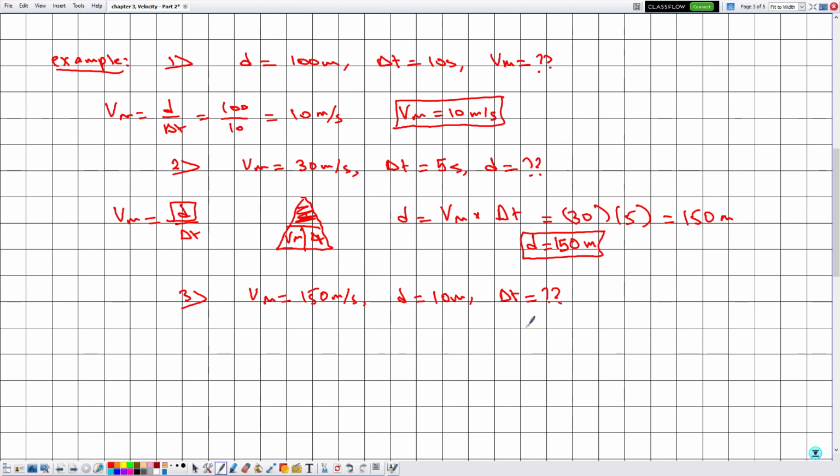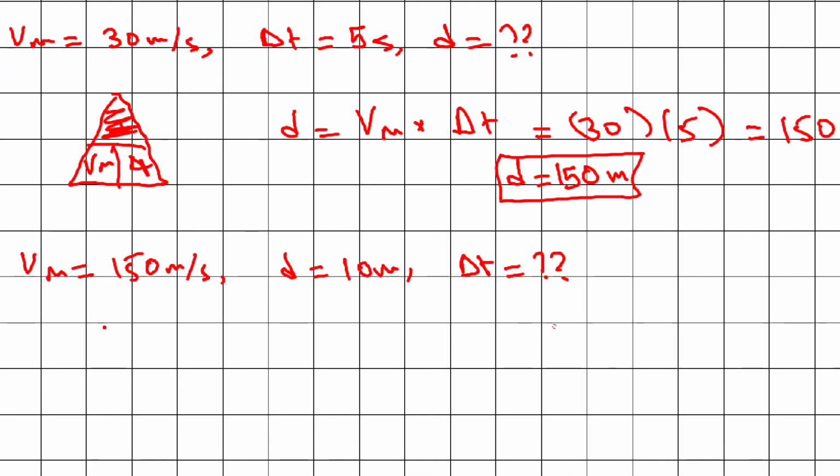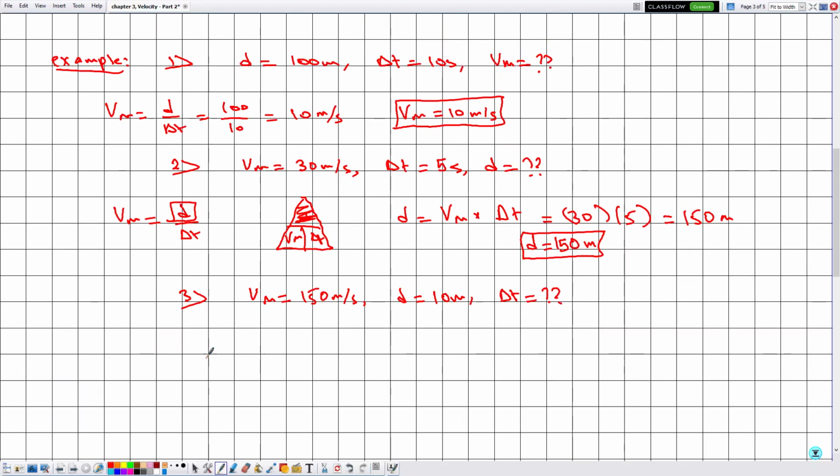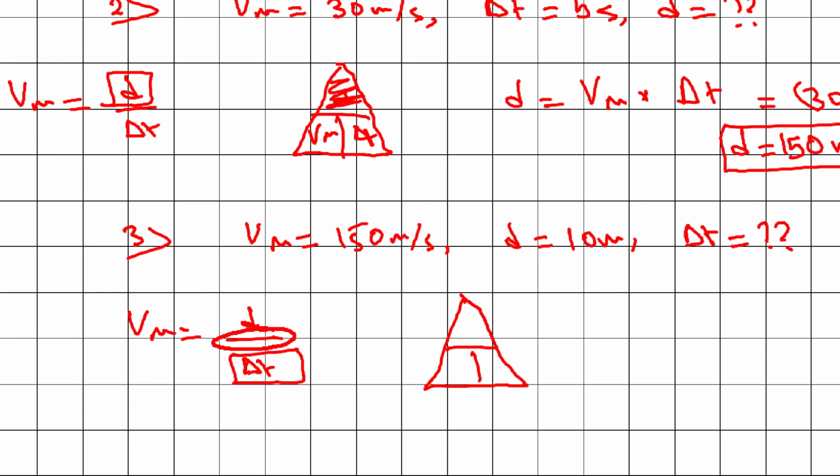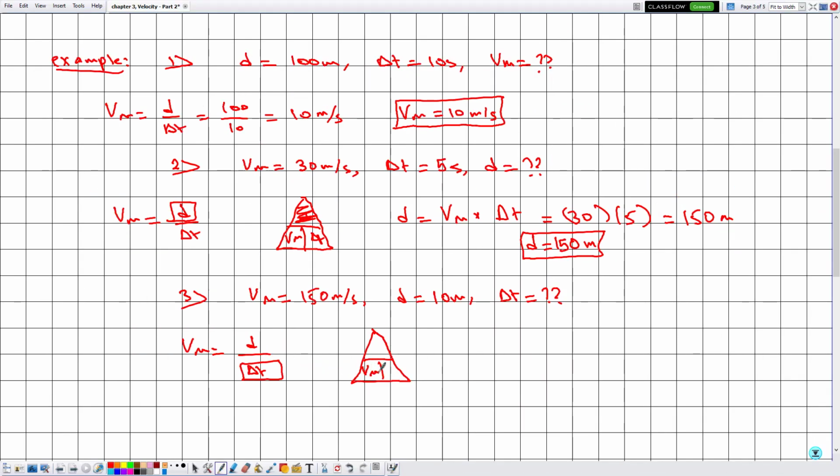So as a first step, we write the general formula that relates Vm, d and delta t, which is given by Vm is equal to d divided by delta t, knowing that we are interested in determining the value of delta t. So constructing the triangle of this formula, because we have a division, Vm will be at the bottom, d at the top, delta t here. We are interested in determining the value of delta t, so putting our hand over delta t, then delta t is given by d divided by Vm.